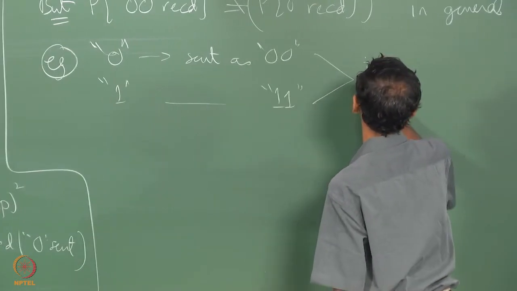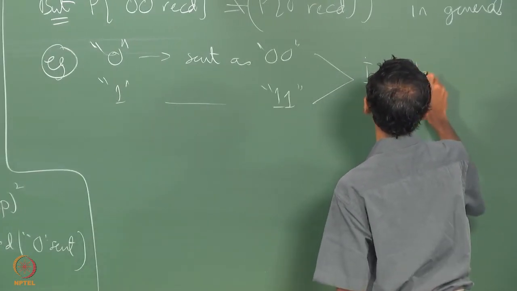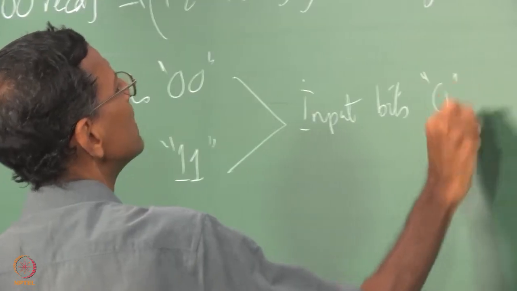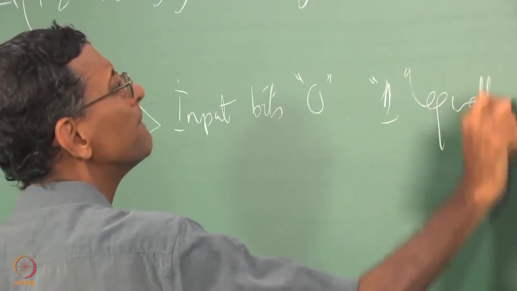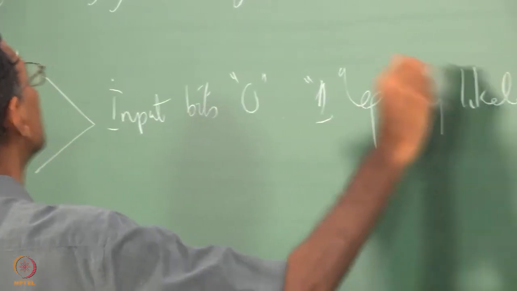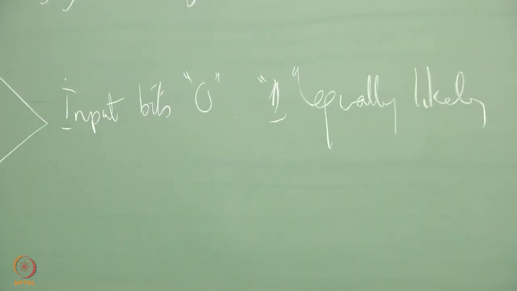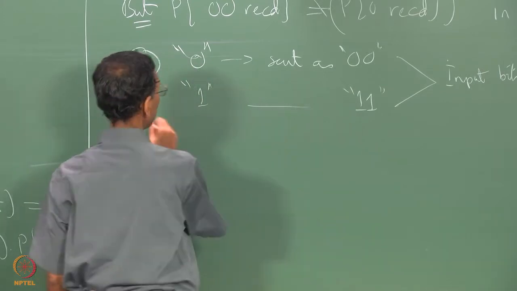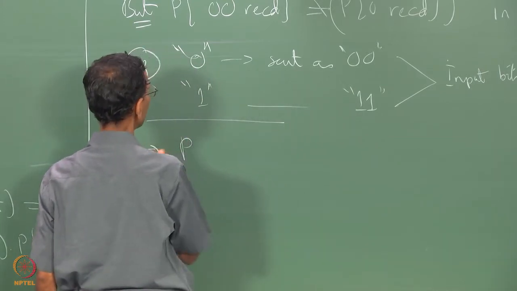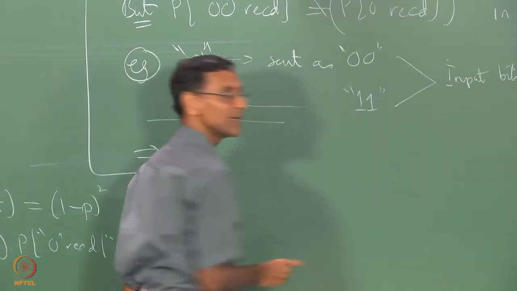Now, supposing your 0 and 1 are equally likely, the input bits 0 1, let's say they are equally likely, that is, probability is half. Then what is the probability of receiving a 0, no matter what, with just one use of the channel? This will imply the input bits are equally likely.